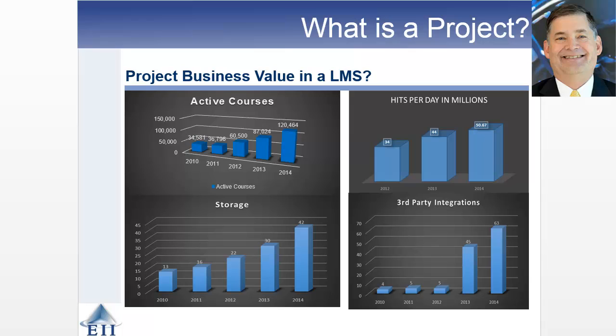So 2010, 34,000 active courses. We're now up to over 120,000 active courses in the fall of each year here in the university system. Growth from 34 million hits back in 2012 to more than 50 million hits a day by students and faculty.